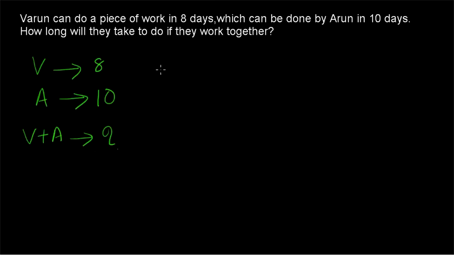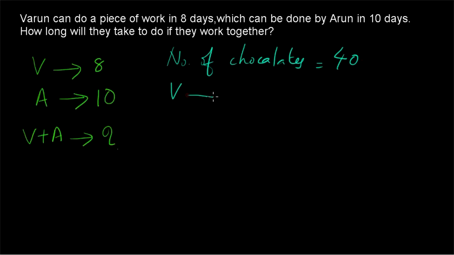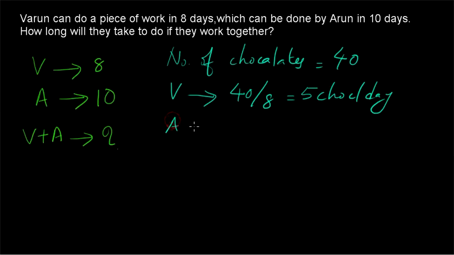So again, using the chocolate approach, the number of chocolates will be equal to the LCM of 8 and 10. So it will be 40. So the number of chocolates Varun is having per day is given by 40 by 8 is equal to 5 chocolates per day. And Arun is taking 10 days to complete the work. So Arun will be having 40 divided by 10 is equal to 4 chocolates per day.